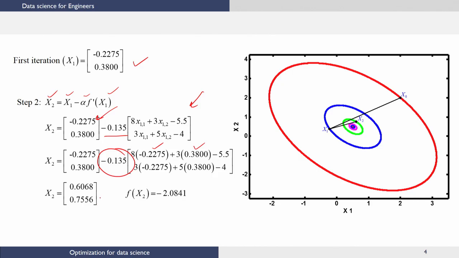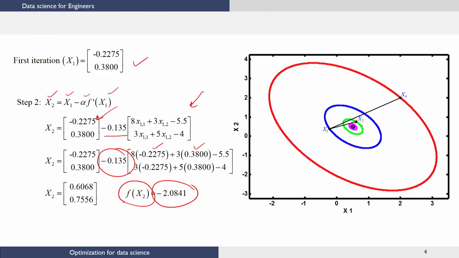Now, we get a new value x 2, and notice that when x 2 is substituted into this function, f of x 2 gives you an even smaller objective function value. In fact, the objective function has become negative. So, this new point is shown here as x 2.